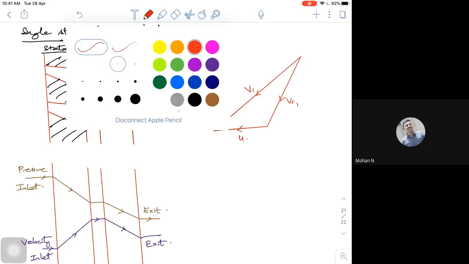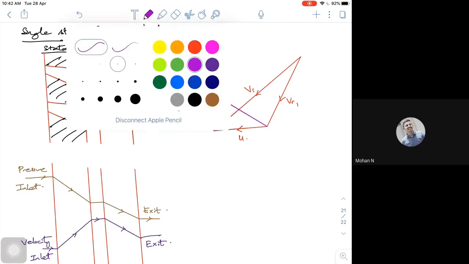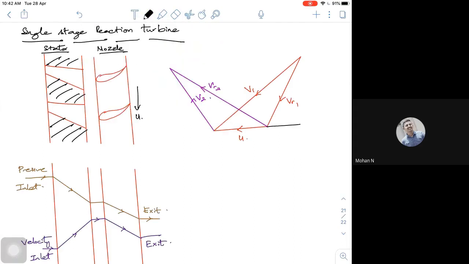Similarly, I do have, and I try to draw the components of V1.